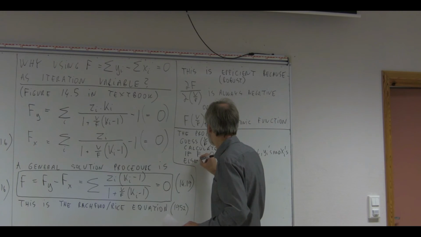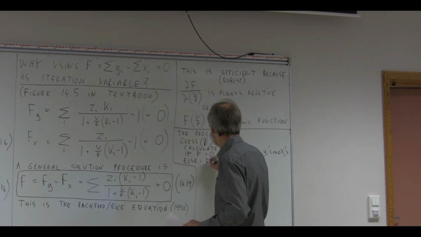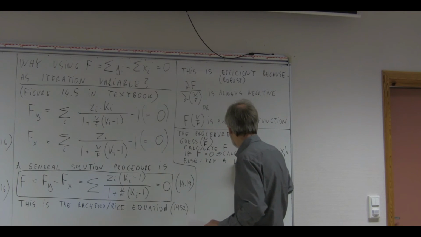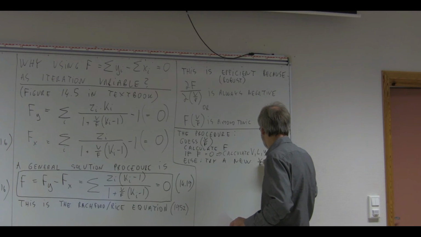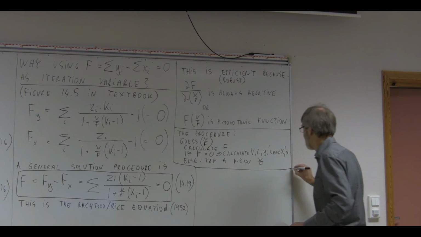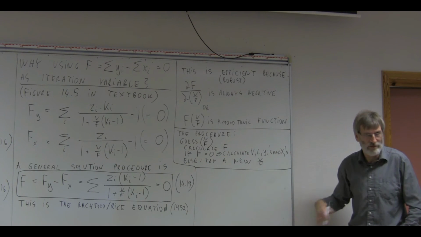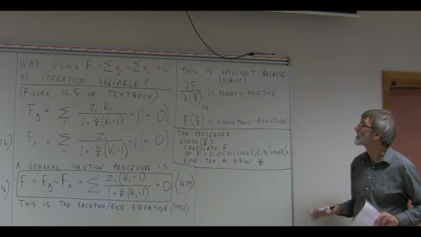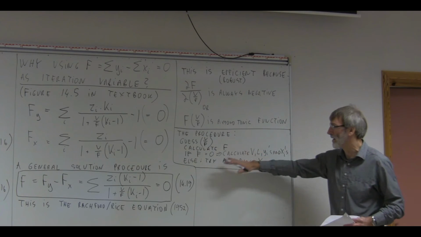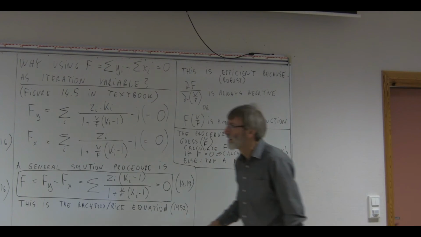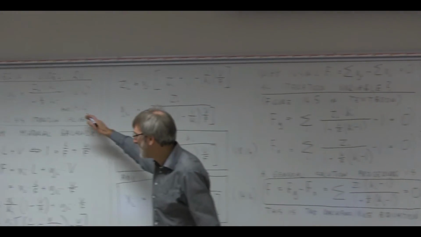Else, try a new V over F. That is an efficient and robust calculation procedure to calculate a PT flash.